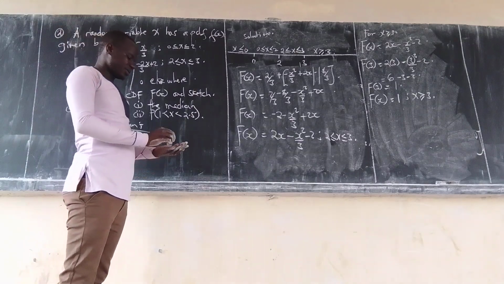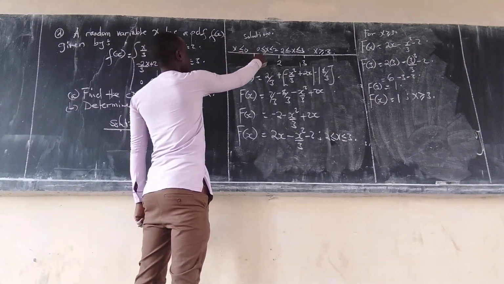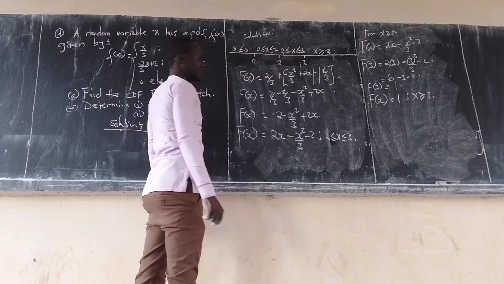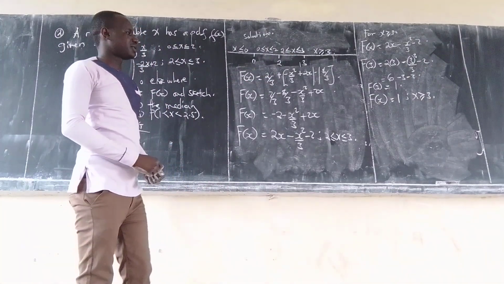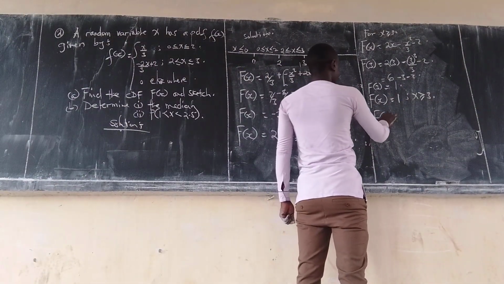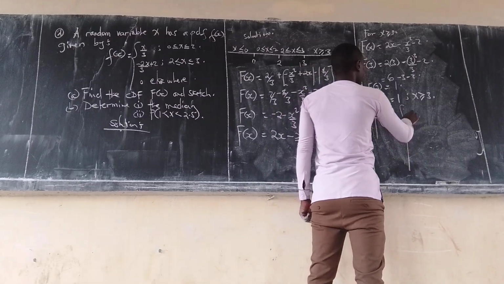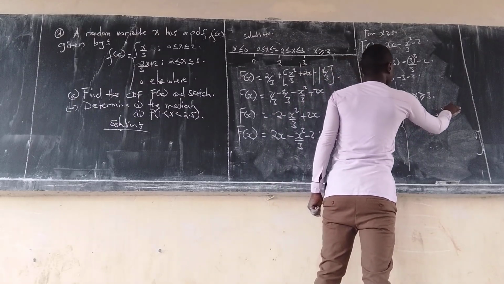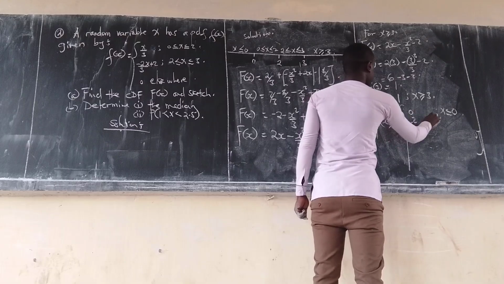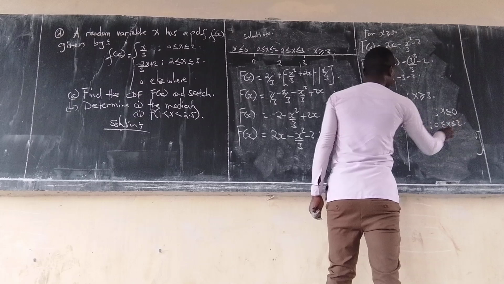Now, having found capital F of x for each of these, we can now write it as a whole. So our capital F of x is now going to become 0 for all x values less than or equal to 0. This is x squared over 6 for all x values between 0 and 2.